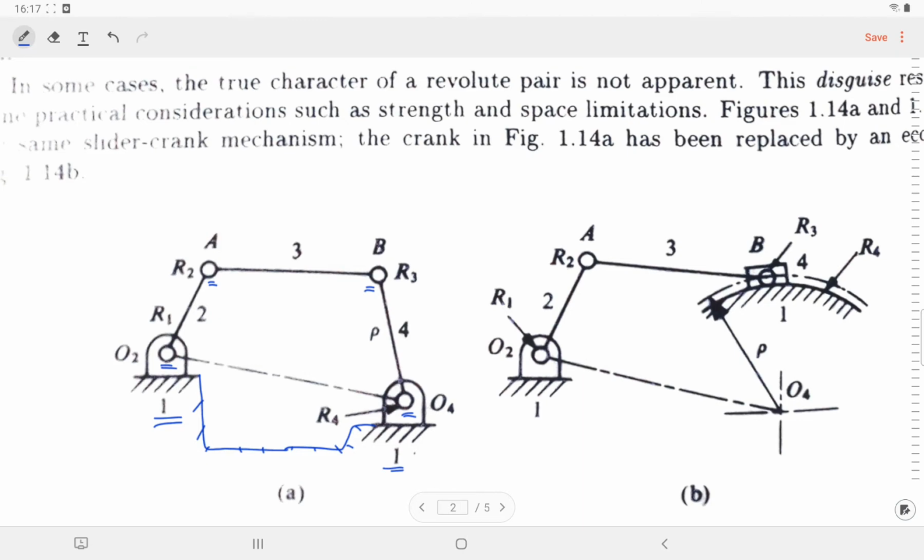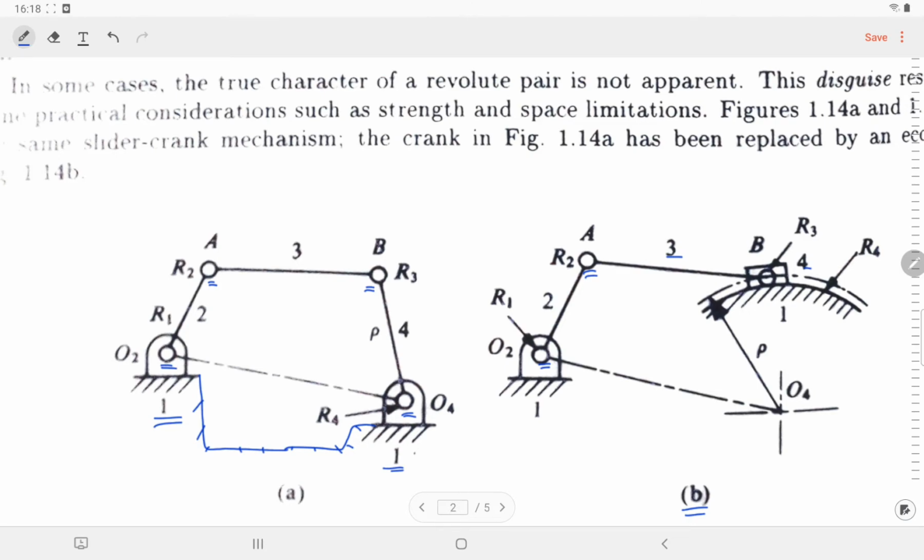For example, if you see picture B, it has one revolute pair, another revolute pair, and here there is one revolute pair between link 3 and link 4, and then there is a prismatic pair.